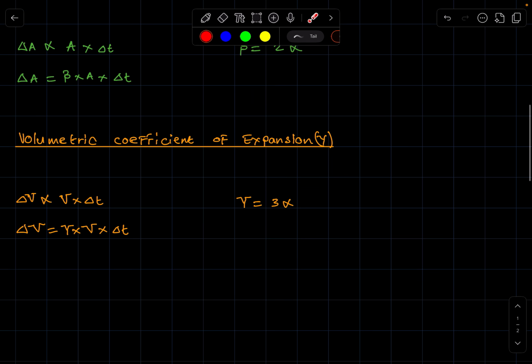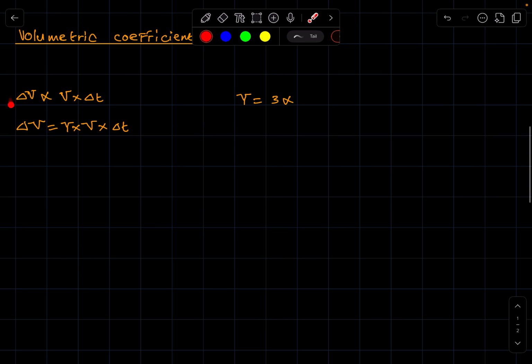Just like with linear and area coefficient of expansion, this is the principle that we use to derive the formula for volumetric coefficient of expansion. The change in volume is directly proportional to the original volume times the change in temperature.